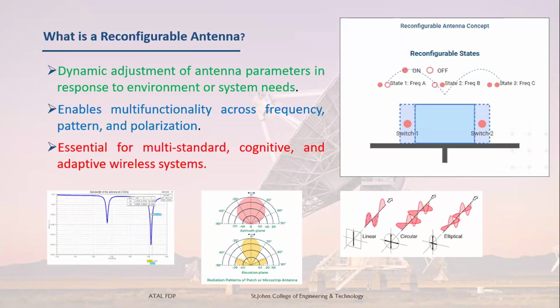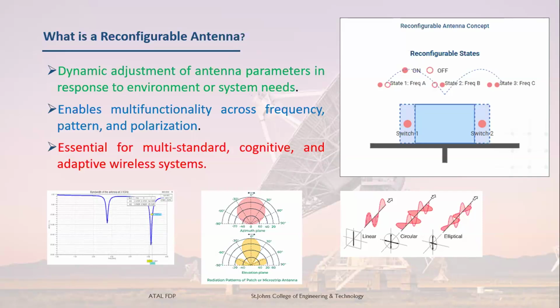Please understand clearly, reconfigurability is the method by which we change the parameters of the antenna dynamically based on the system needs. I have designed the antenna to operate at 2.4 gigahertz, but I want it at 2.2 gigahertz. What should I do?